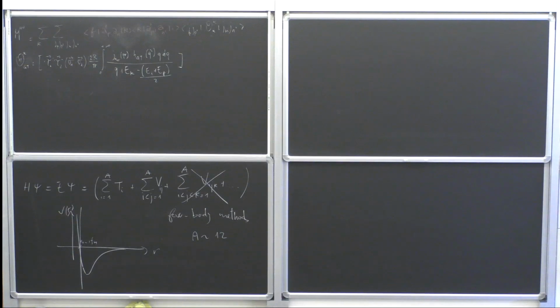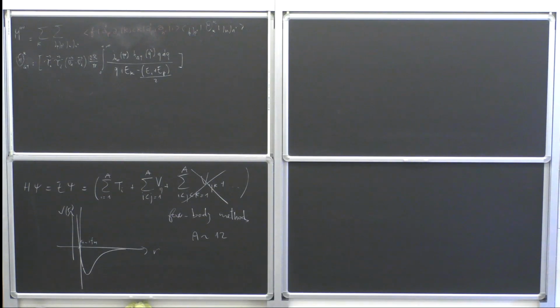Many body methods necessarily need some kind of ansatz, some kind of approximation, and what people are doing is improving these many body methods or constructing new ones in order to keep the theoretical error under control.